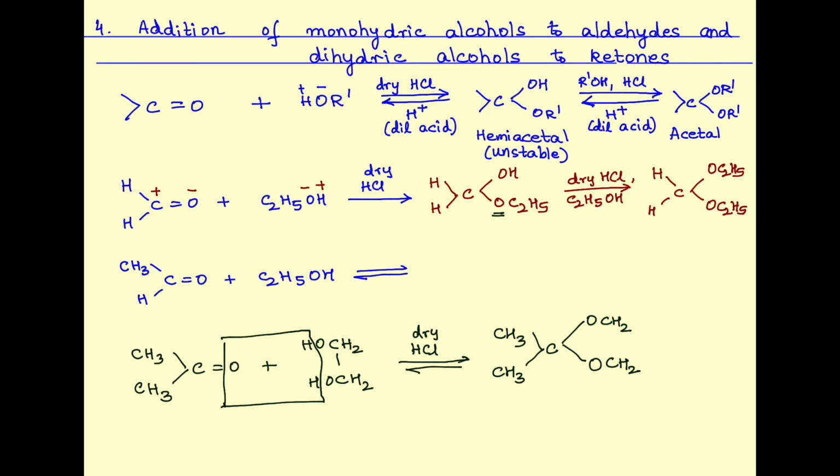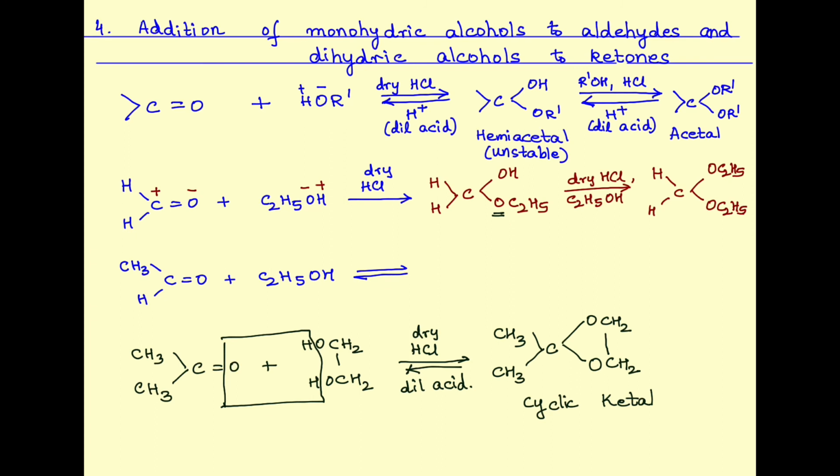And don't forget the single bond between the two CH2 groups. There we go. So that means it's a cyclic compound formed from a ketone. So this class of compounds is known as a cyclic ketal. And again, on treatment with a dilute acid, we will get our original ketone back.